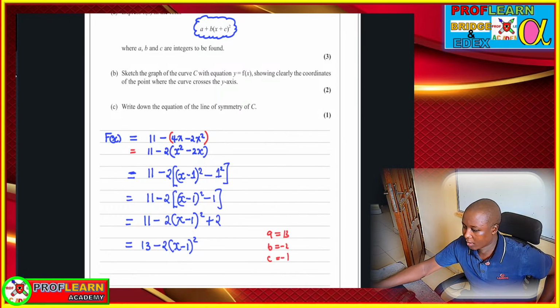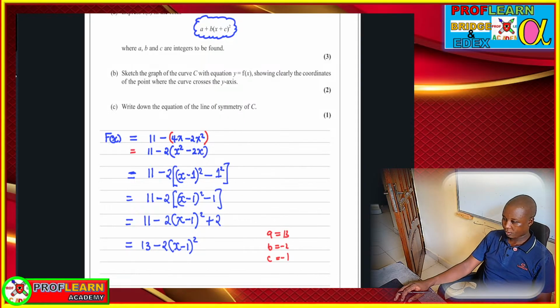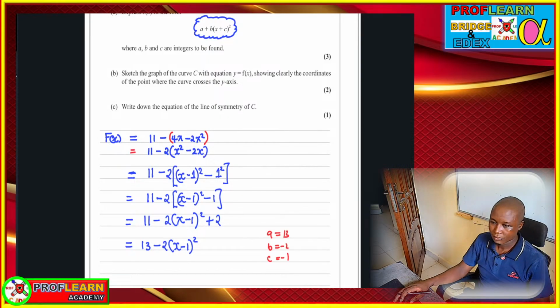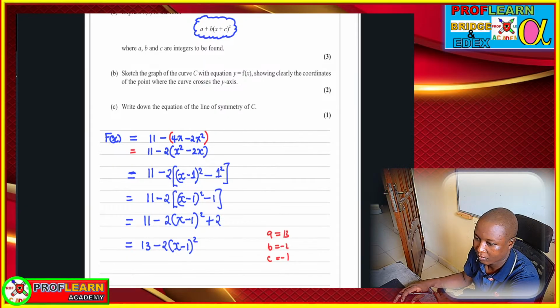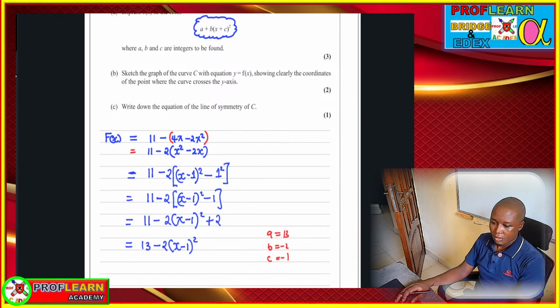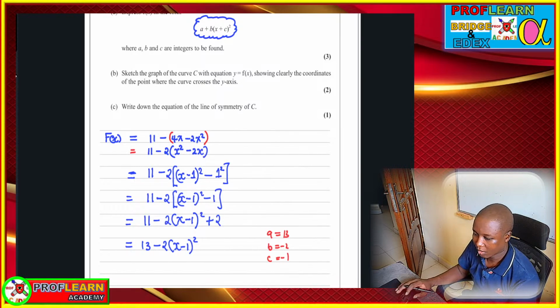Yeah, so basically that's what you do in this case. So this is one of the areas.